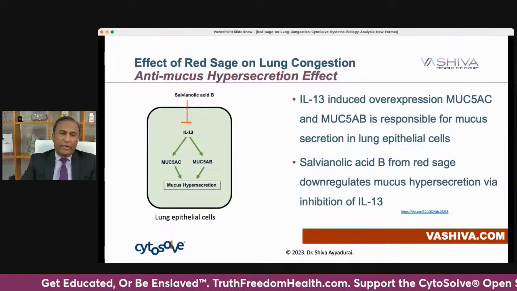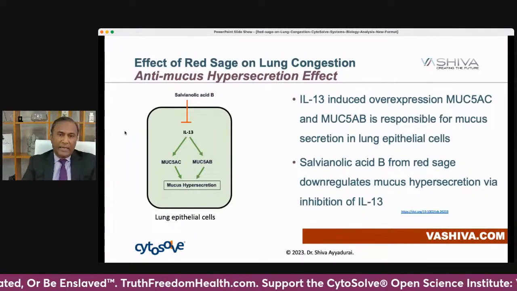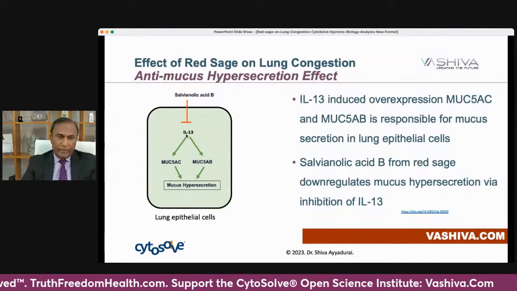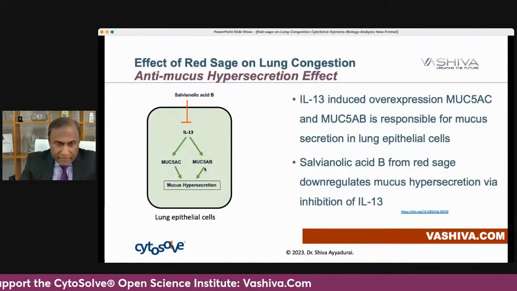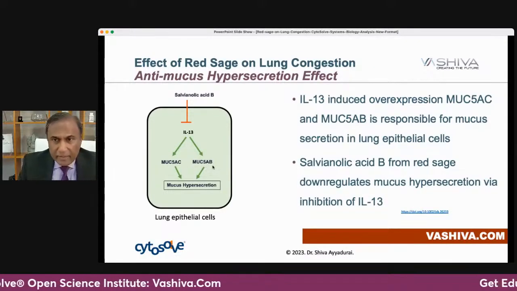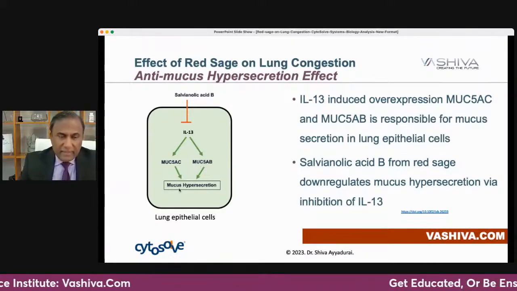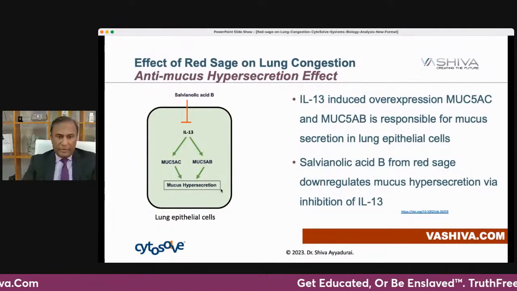Again, salvianolic acid B blocks IL-13. Now, IL-13 leads to MUC5AC and MUC5B, and these are the things that lead to mucus production, mucus hypersecretion in the lung epithelial cells.